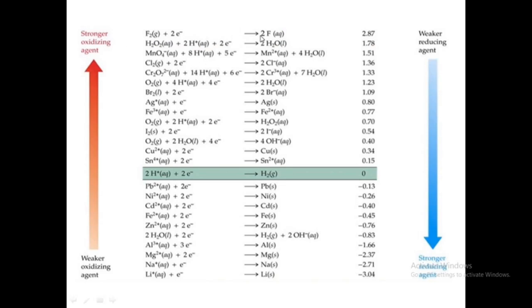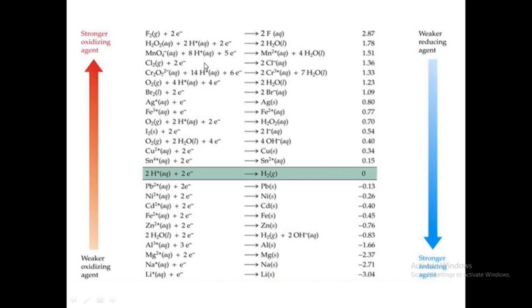In this case, the values are decreasing from top to bottom, and the standard electrode potential of hydrogen is always 0. And always remember that the electrode which is present above the other always behaves as cathode. Suppose we are considering cadmium and nickel. In between cadmium and nickel, the nickel will behave as cathode and the cadmium will behave as anode.